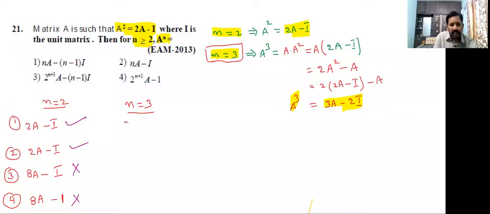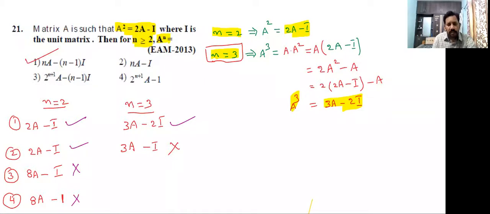Tell me what we get. 3A minus 2I. Yes, it is satisfied. Now verify the second option. What do we get? 3A minus I. But here we need 3A minus 2I. This is a wrong answer.